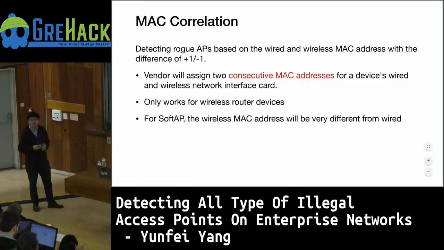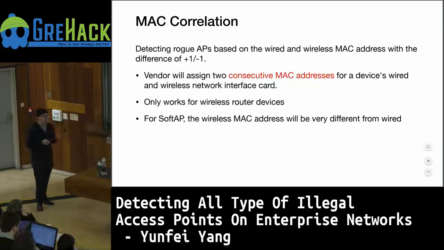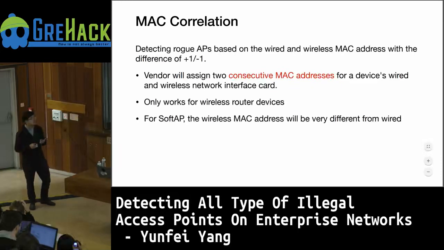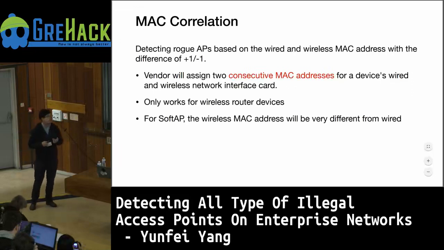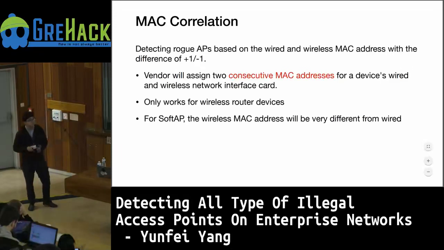This method only works for wireless router devices, because they belong to the same vendor. So if the employees use a USB Wi-Fi adapter to set up the rogue AP, just a soft AP, the wireless MAC address belongs to a different vendor, so it will be very different from the wired one. So this method is limited.